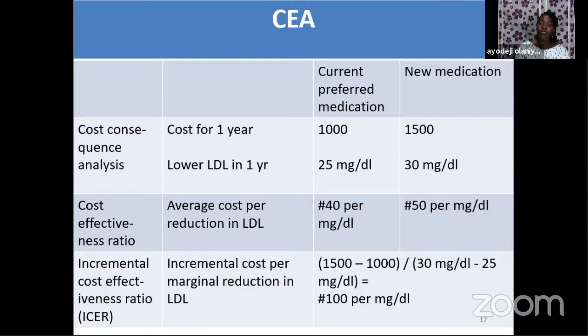The difference in cost here is 1,005 minus 1,000, divided by the difference in the outcome. That's 30 milligram per dl minus 25 milligram per dl to give 100 naira per milligram per dl. That's 100 naira for every milligram per dl in the cholesterol lowered by the new agent being used.